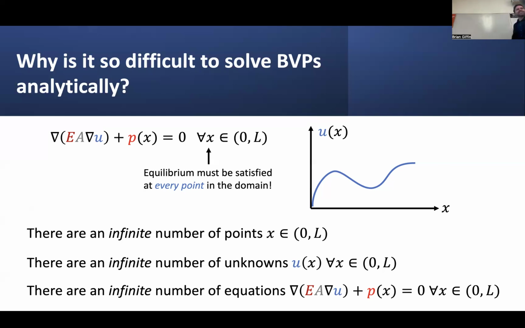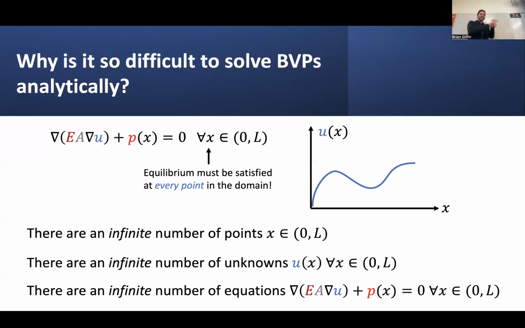So the way that we're representing this solution requires us to introduce as many unknown values of the displacement field as we have discrete points. At this point, I might have an unknown value of the displacement field there. At this point, I have another unknown value of displacement that I have to solve for.